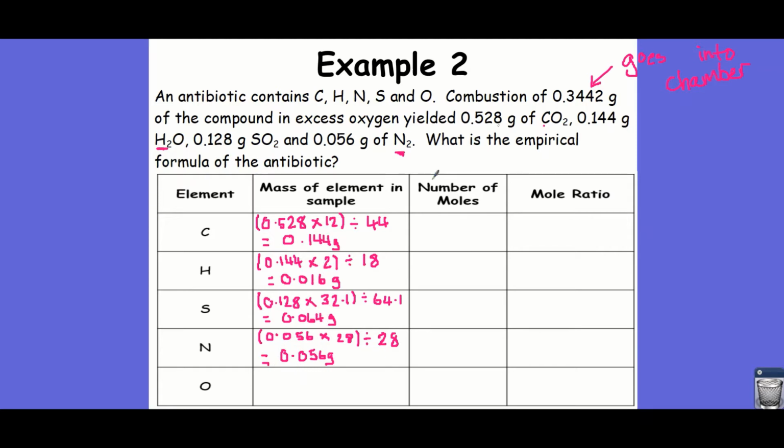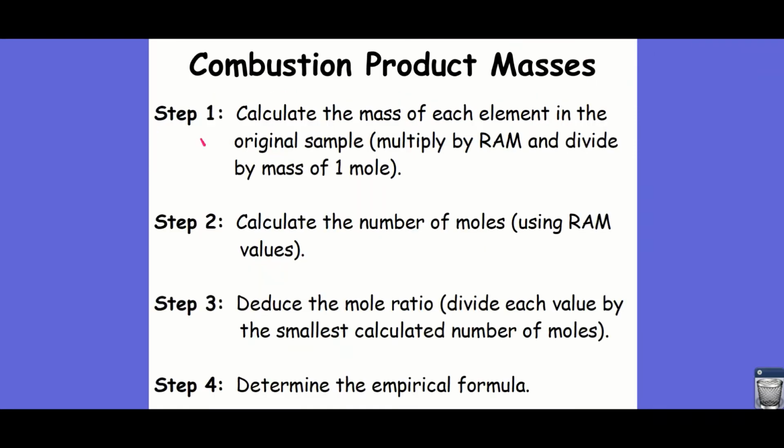So you're just taking this number, which is 0.3442, and you're going to subtract the total of these 4 calculated values. I obviously don't have a lot of space, so I'm just going to write in total, and you'll see that the answer is 0.064 grams of oxygen. So if we go back to our step-by-step guide, we have done step 1.